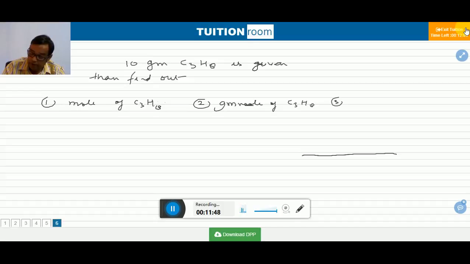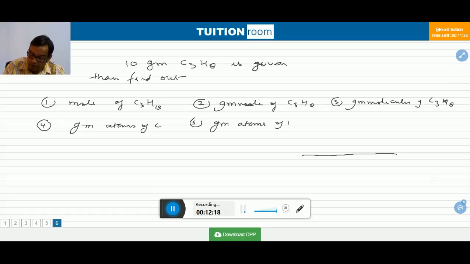Number 3, gram molecules of C3H8. 4, gram atoms of carbon. 5, gram atoms of hydrogen.